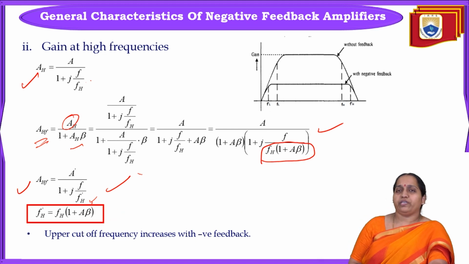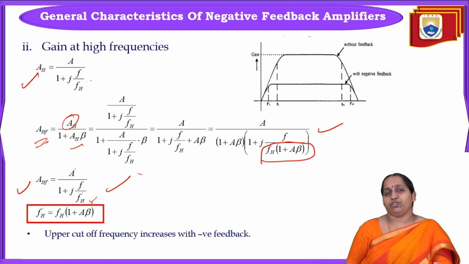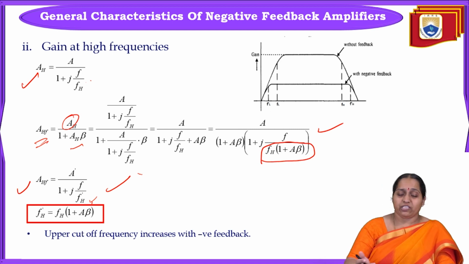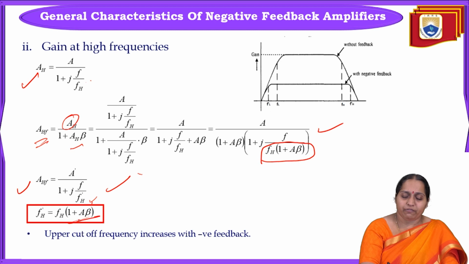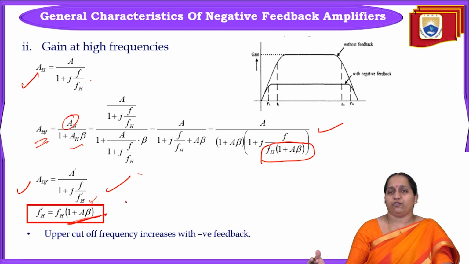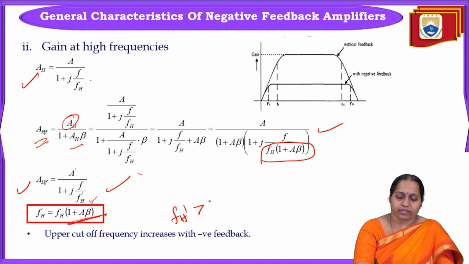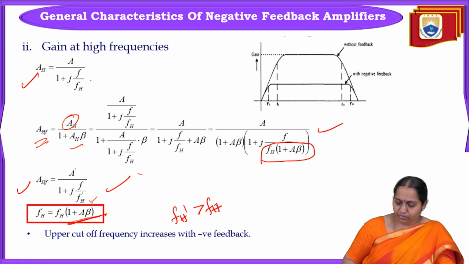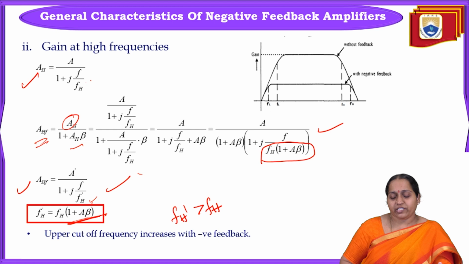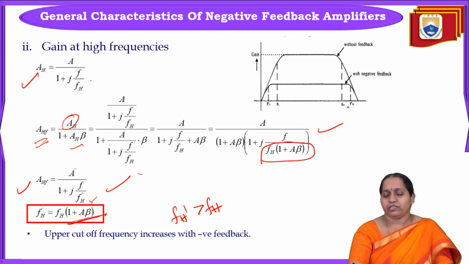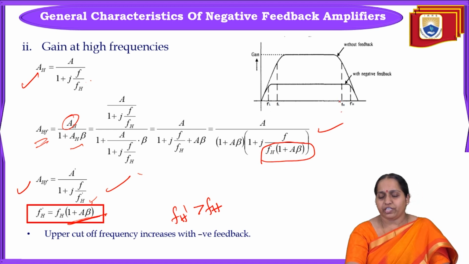So from this, what do we understand? Upper cutoff frequency or higher cutoff frequency is increased. Yes, FH is multiplied by 1 plus A beta, which means definitely its value will be more. So FH dash is greater than FH. If this is FH, FH dash will be somewhere greater than FH. So this will be your FH dash.